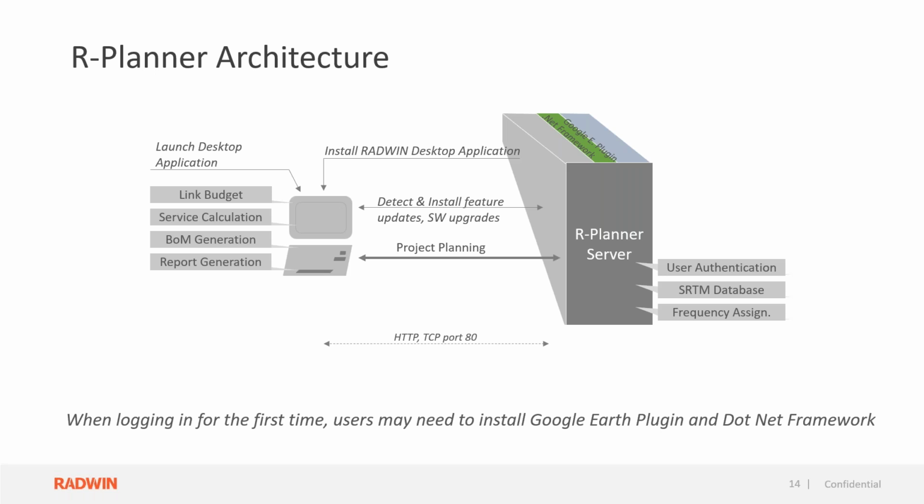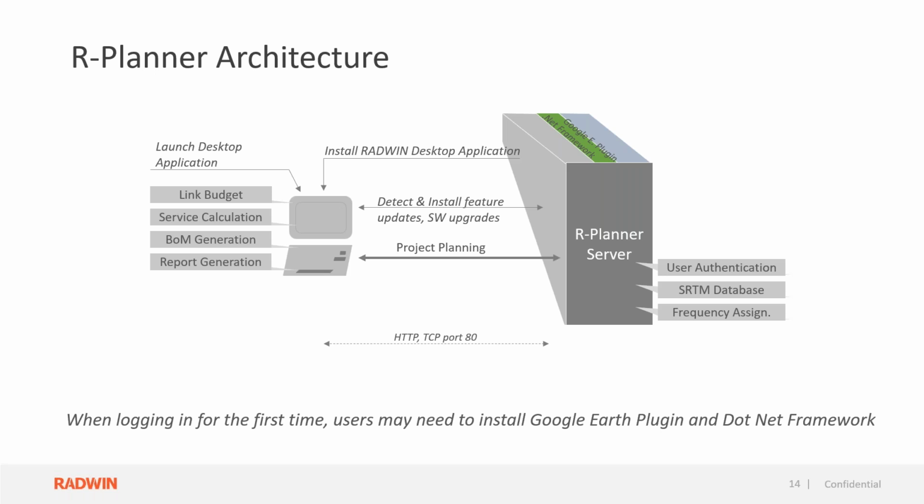So first we need to install it on our laptop. When you're online, if there is a software upgrade, it will ask you to do the software upgrade, and then you will be able to do the project planning. So the benefit of the App Planner is clear. It uses an architectural SRTM database and frequency assignment.